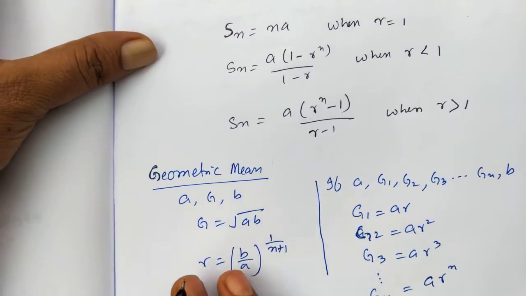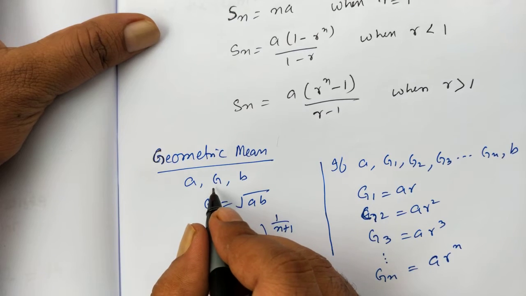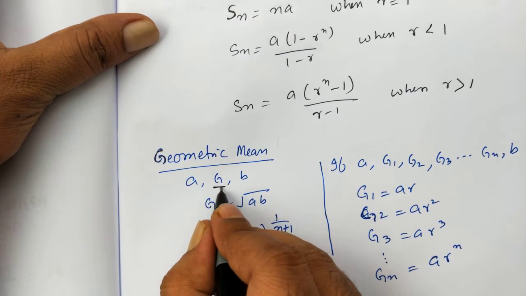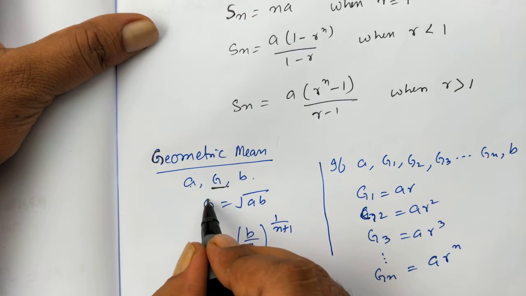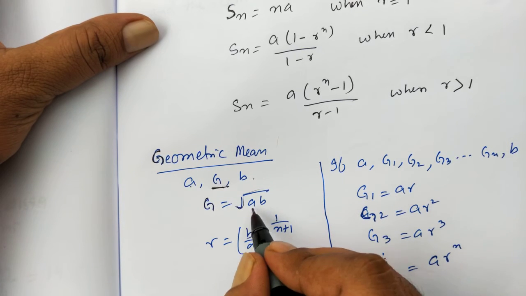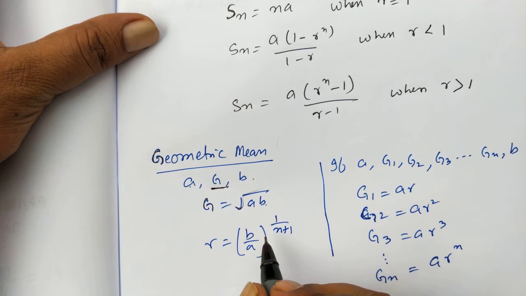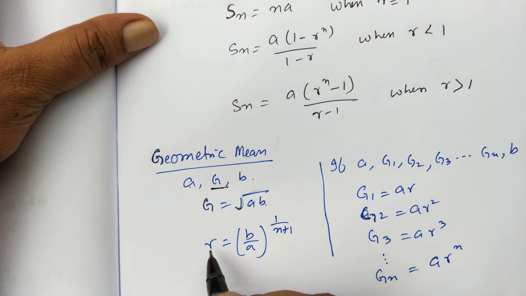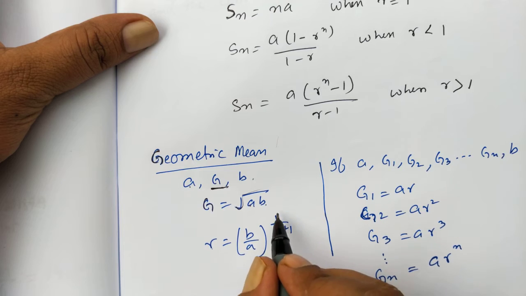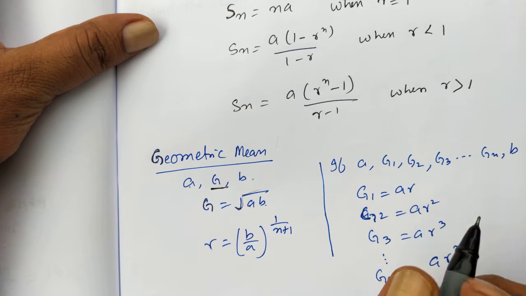Geometric mean. Suppose G is the number between A and B, then G is given by root over AB. That is the geometric mean. In geometric mean we find r as (B/A)^(1/(n+1)), but we can do it directly also.